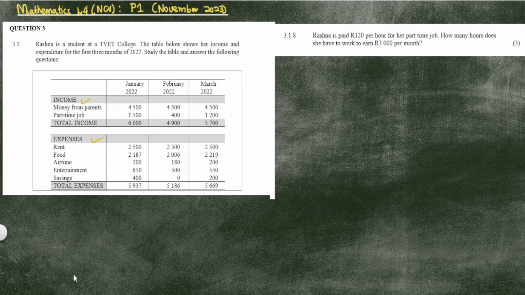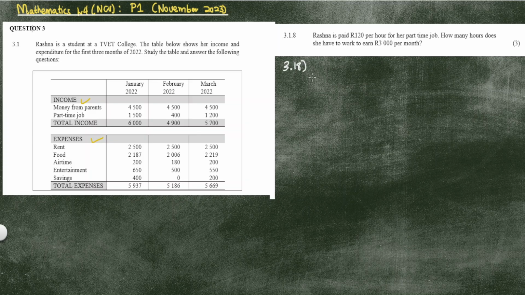Here's the last question under 3.1. So 3.1.8, Rashna is paid 120 rand per hour for a part-time job. How many hours does she have to work to earn 3,000 rand per month? Okay, let's check.